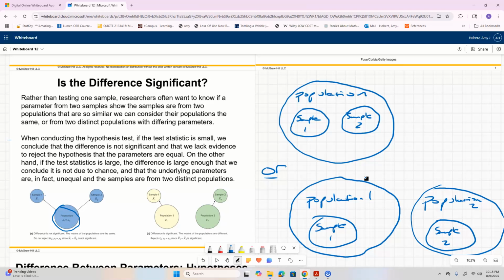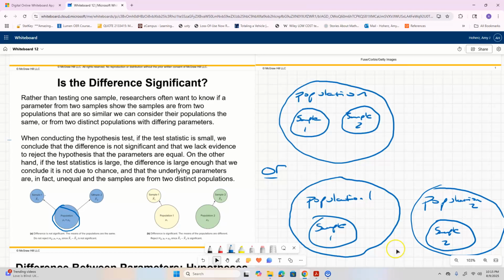So again, the first situation is where it is small, and that means they're probably from the same population, but if we have a large test statistic, then we end up with the assumption that they're from two different populations.